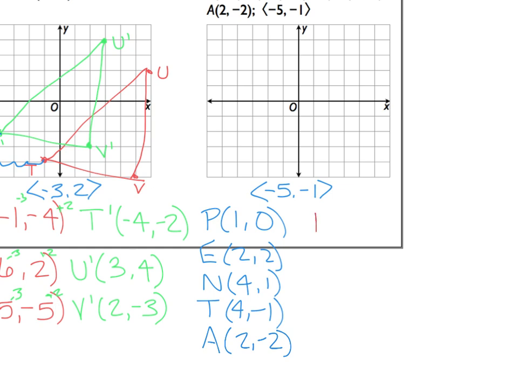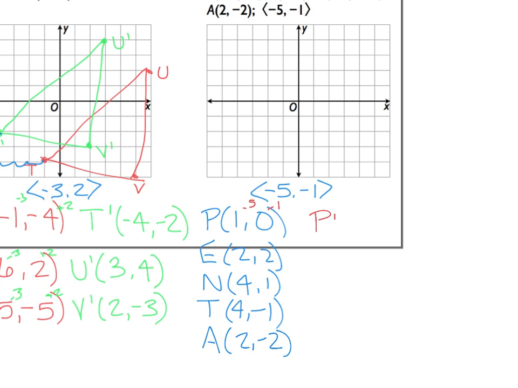For P prime, we're going to subtract 5. Basically, we're subtracting 5 from all the x values, all the numbers in this first column, and subtracting 1 from all the y values, all the numbers in this column.